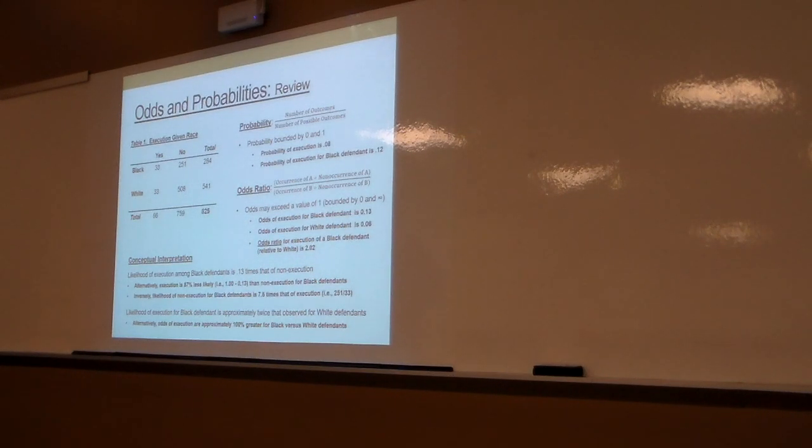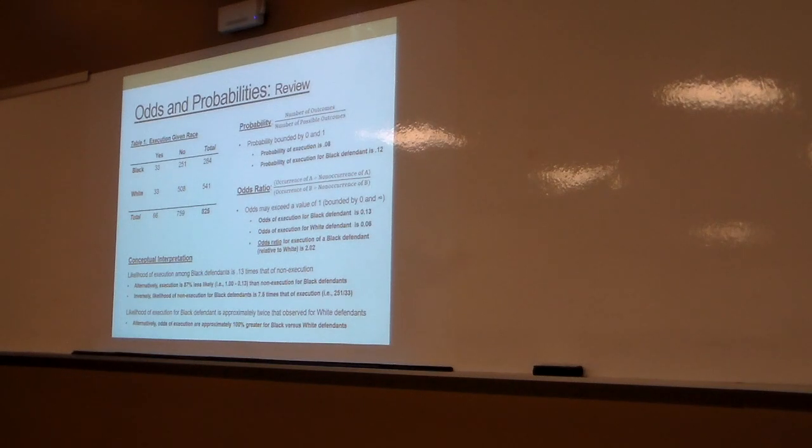If the odds of being executed for a black defendant are equal to the odds of being executed for a white defendant, what would my odds ratio be? It's even money. It would be 1, right?